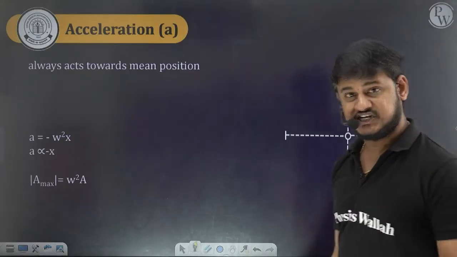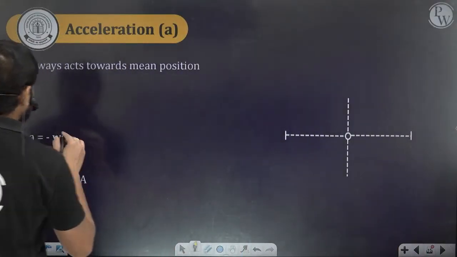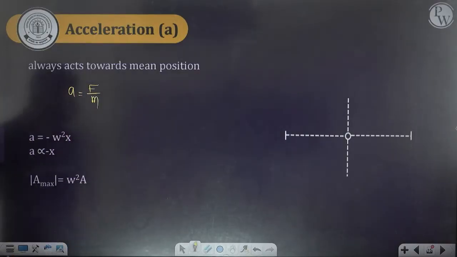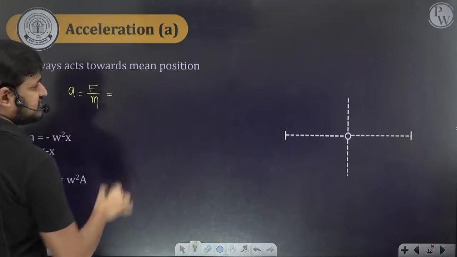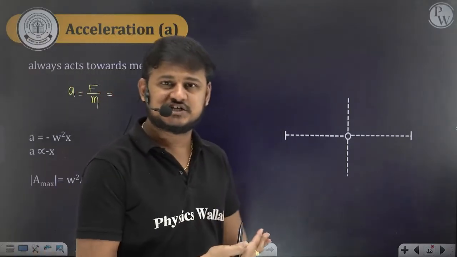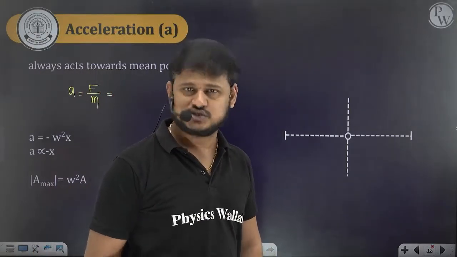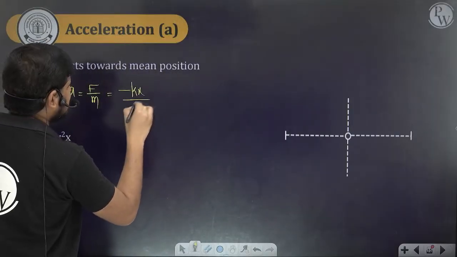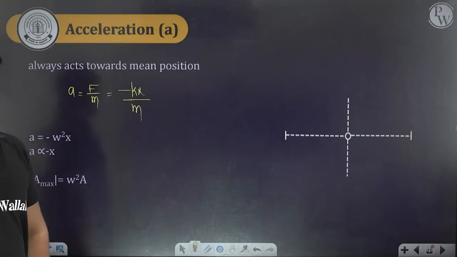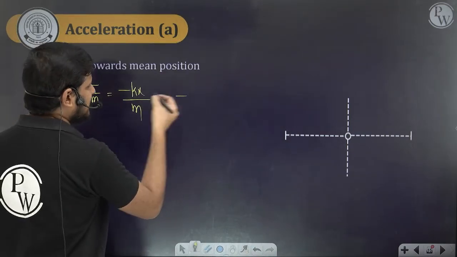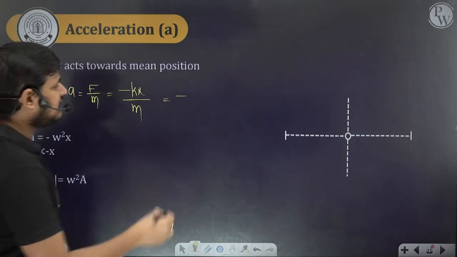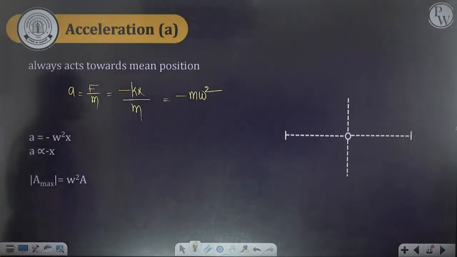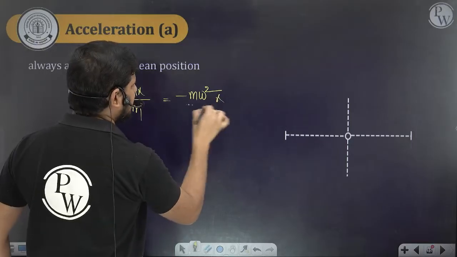Now the acceleration, an important point. We know that the acceleration is equal to the force upon mass. If the particle is making S.H.M, which force acts on it? The restoring force. So in place of force I am writing the restoring force, minus kx by m. In place of k, I am writing m omega square, so minus m omega square x by m.